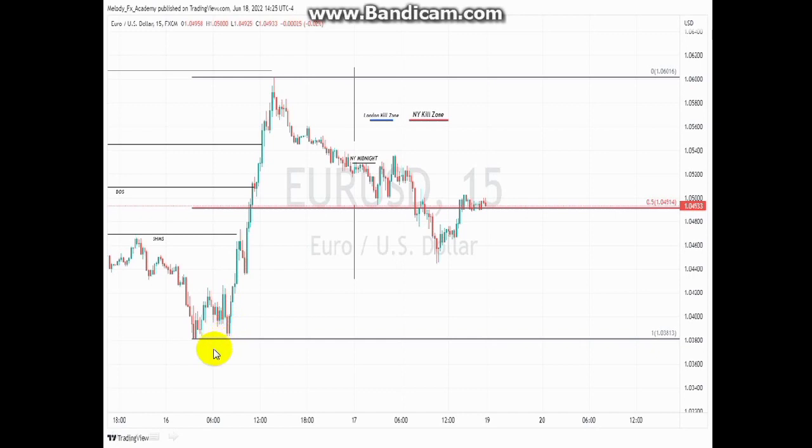I'm approaching this price action from two perspectives: liquidity and market structure. Liquidity is always going to come first before market structure.